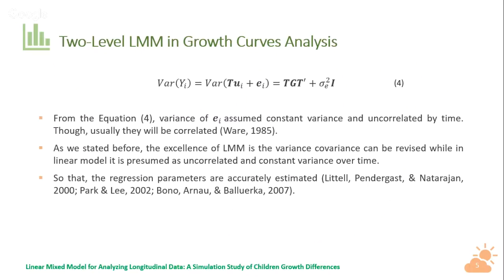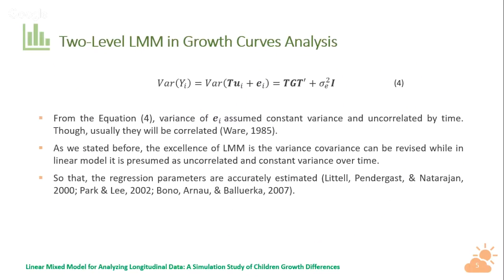And we said before that the linear mixed model has an excellent way to estimate the variance covariance with other models, not uncorrelated and not constant variance over time. The advantage of modeling the variance covariance is that the regression parameters can be estimated more accurately.